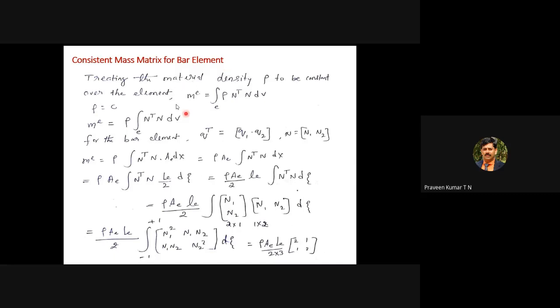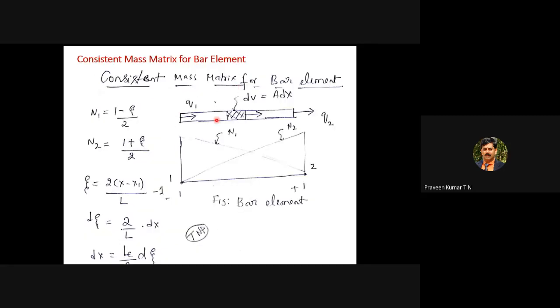Then rho is constant, since you are assuming the material is homogeneous. So we can take it outside, and we end up with N transpose N into dV. But again, dV can be expressed in terms of A into dx.